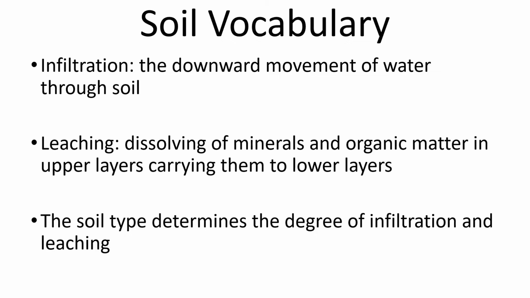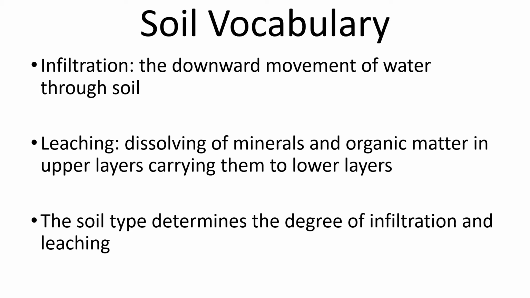And so when we're talking about soil, we may throw some words out there. Infiltration is the downward movement of water through the soil. As water is infiltrating, you can also think of it as permeability. You have a high infiltration rate if you have high permeability, where water is going through it fast.